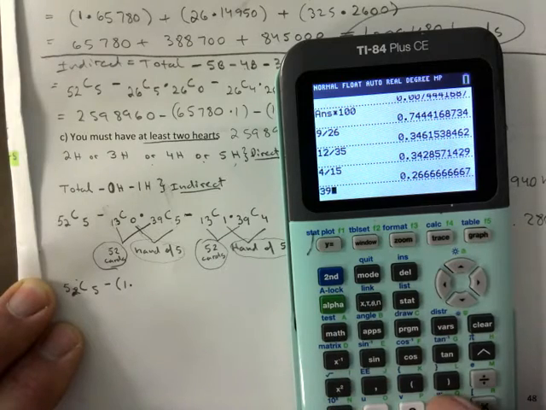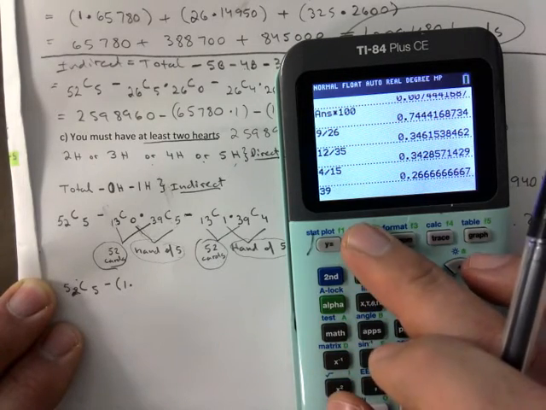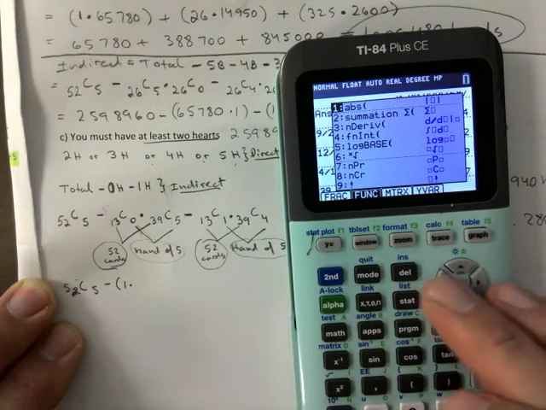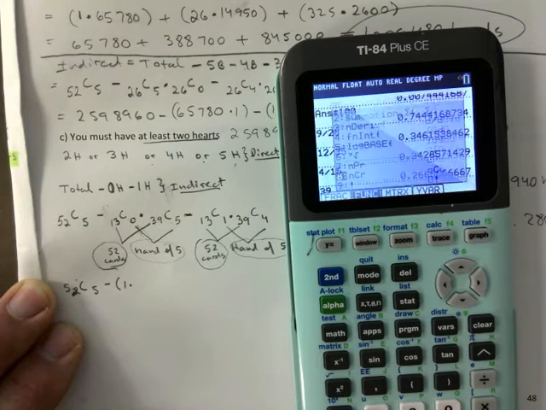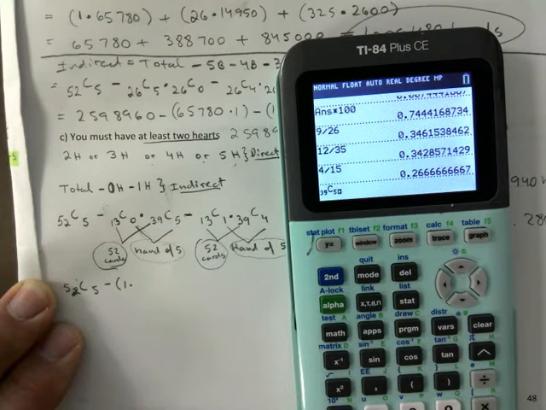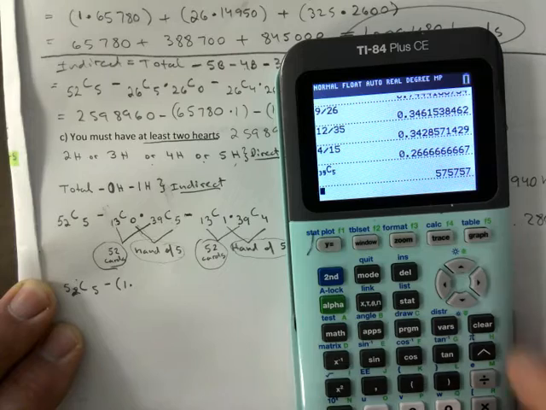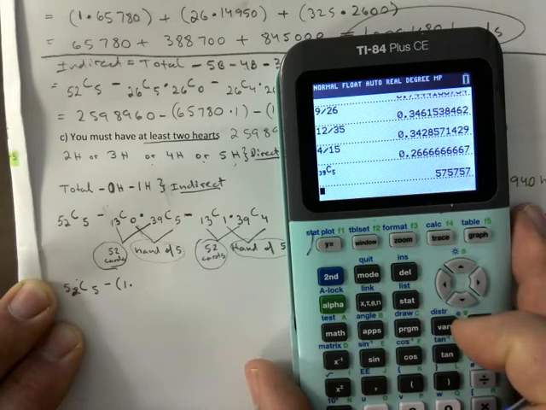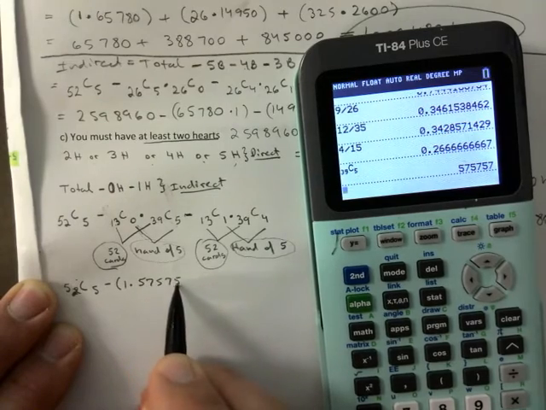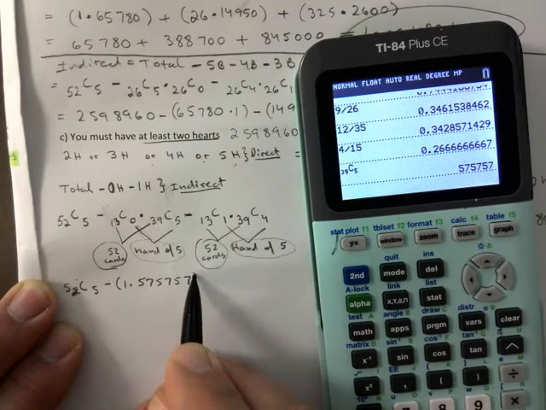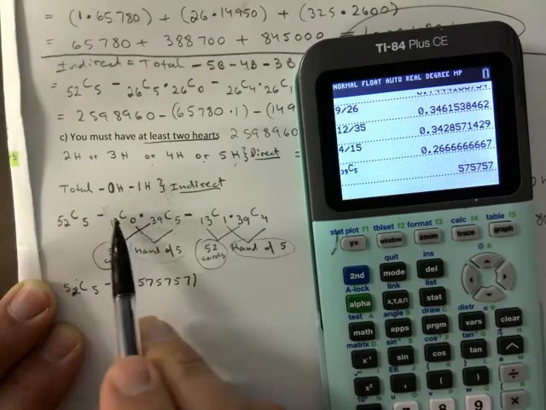So you go 39, alpha, and then window. Alpha window calls this. I'm so glad that Isabel told me this. It makes life so much easier. 39 choose 5. So it's 575,757. That's pretty cool. Right? So that takes care of this part.